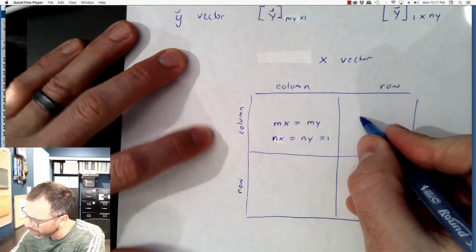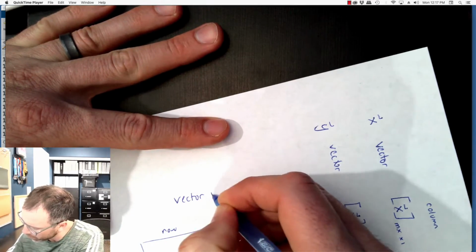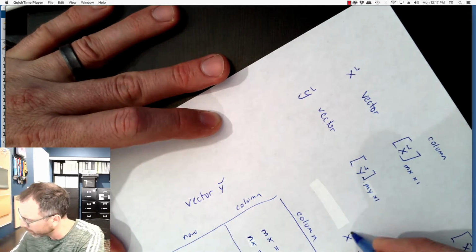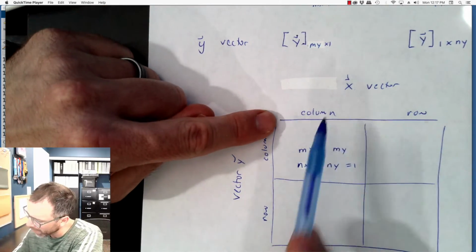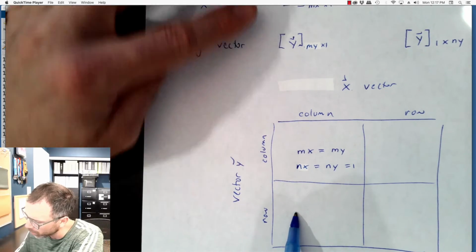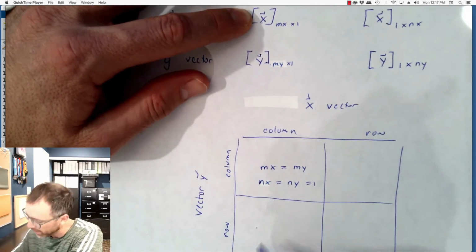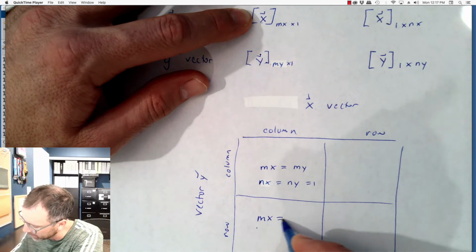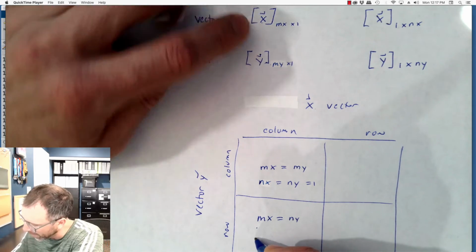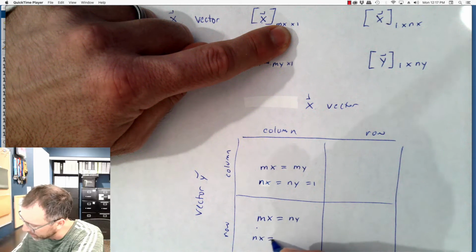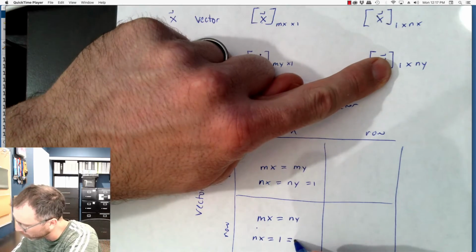Okay, so if x is a column vector and y is a row vector, in this case we would need that mx equals ny, and of course nx equals 1, which is equal to my.